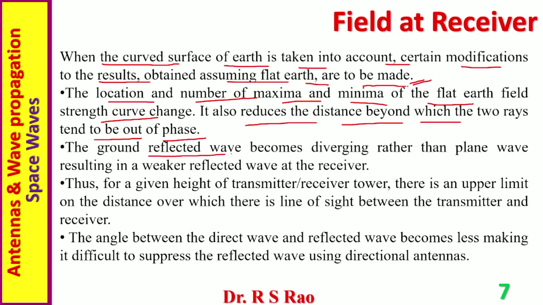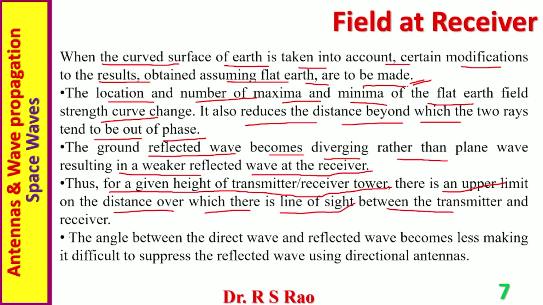The ground reflected wave becomes diverging rather than plane wave, resulting in a weaker reflected wave at the receiver. So, curved Earth's surface, it does good in this aspect. It weakens the reflected wave at the receiver. Thus, for a given height of transmitter receiver, there is an upper limit on the distance over which there is a line of sight between transmitter and receiver.